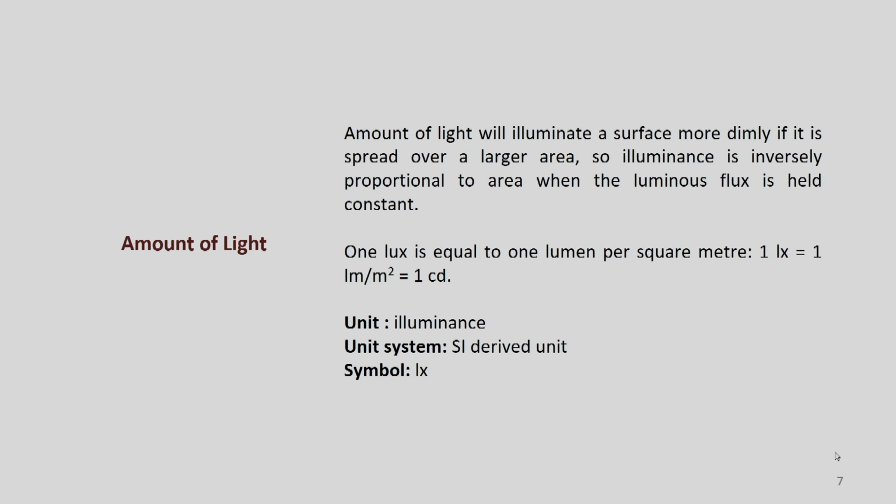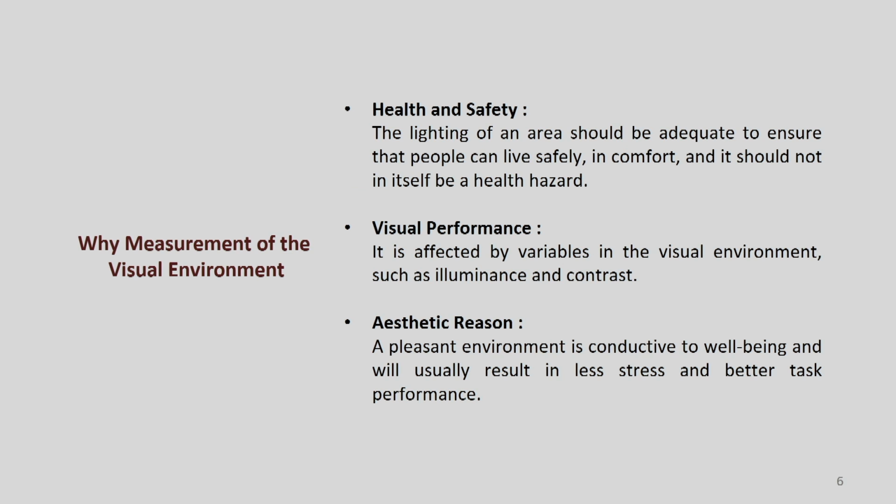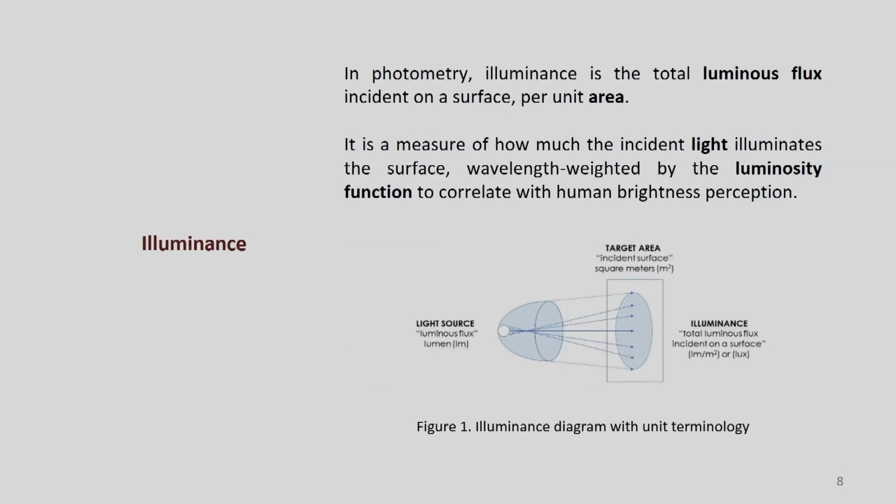So, 1 lux is equal to 1 lumen per square meter. We call it Lx, that is the lux. The unit name is lux and it is an SI derived unit. We represent it as Lx. Okay. What is illuminance? In photometry, illuminance is the total luminous flux incident on a particular surface per unit area.